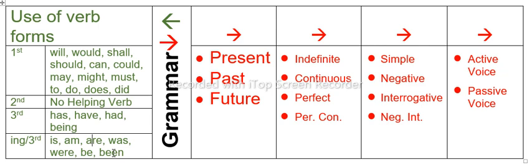And after being, you use only the third form, no other, okay? So this is the proper use of verb forms, and the sentences you make are all correct. For example, letter is being written, a letter will be being written, letter has been being written. So in this way, you can use being.